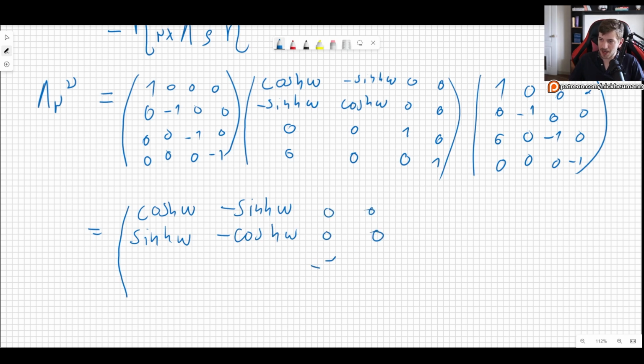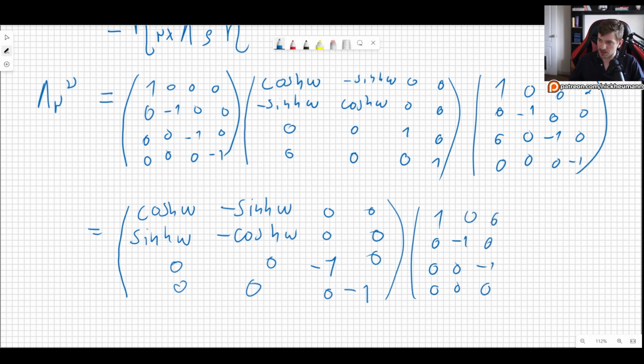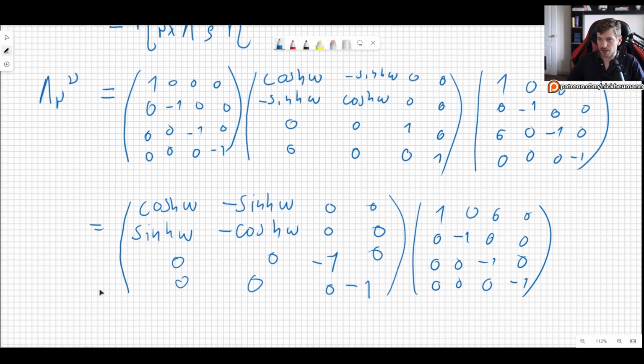And then we have minus 1 from this, and from the other one as well. So minus 1, minus 1, times 1, 0, 0, 0, 0, 0, minus 1, 0, 0, 0, minus 1, 0, minus 1, 0, 0, 0. And now we multiply these two together.